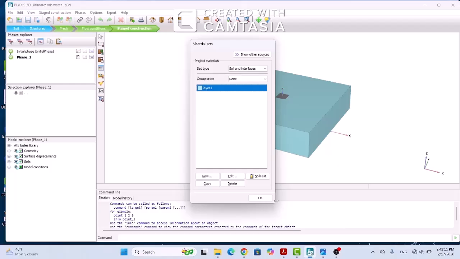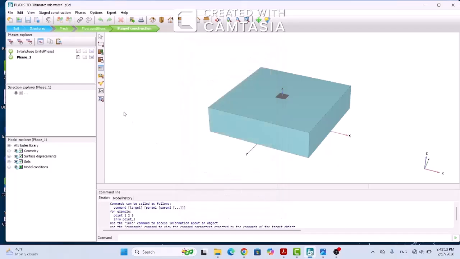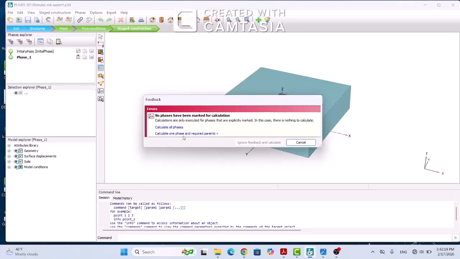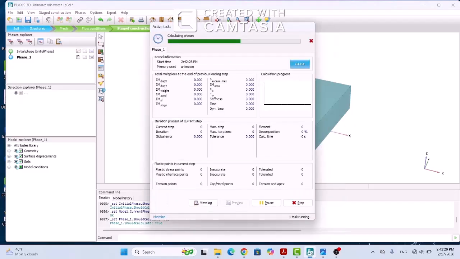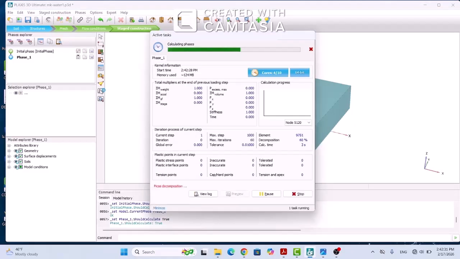So are you okay with that? And run the model. We tick the phases, run the model, we wait to finish calculation.